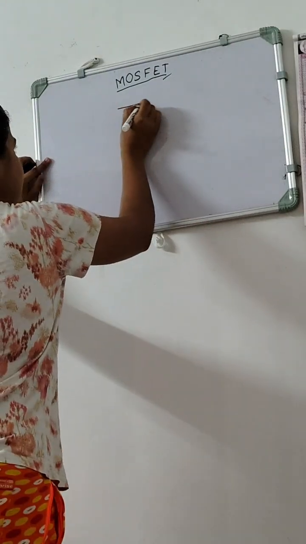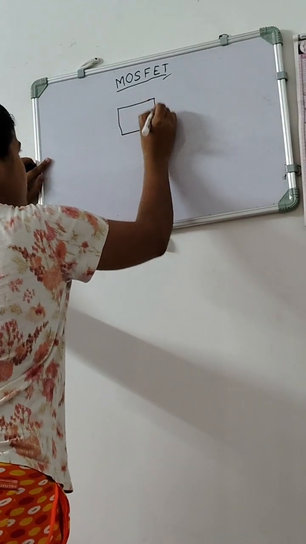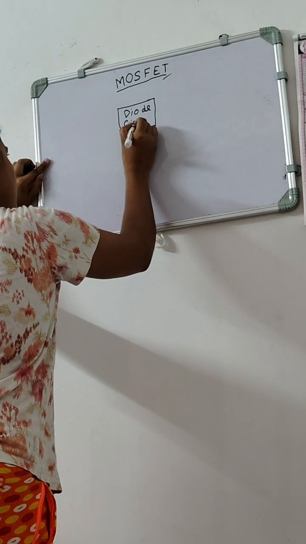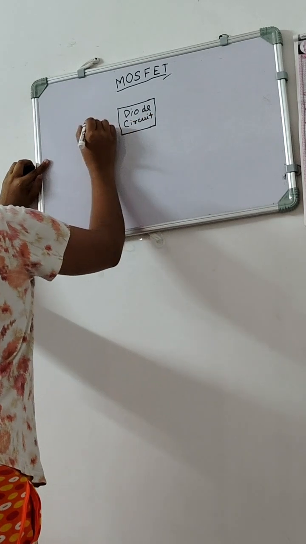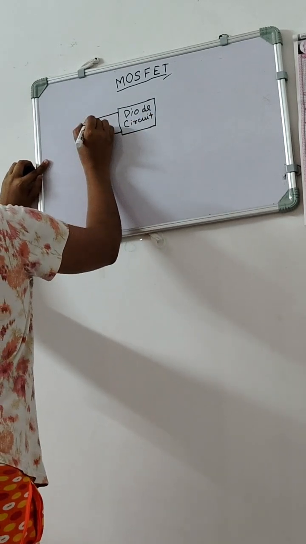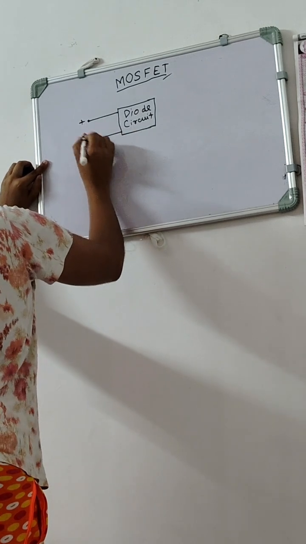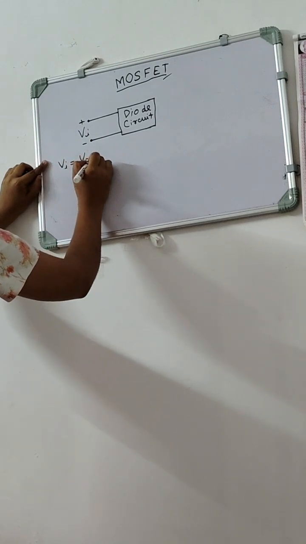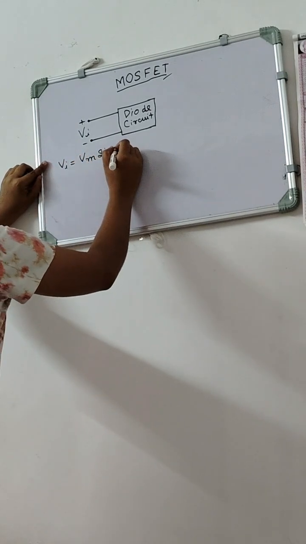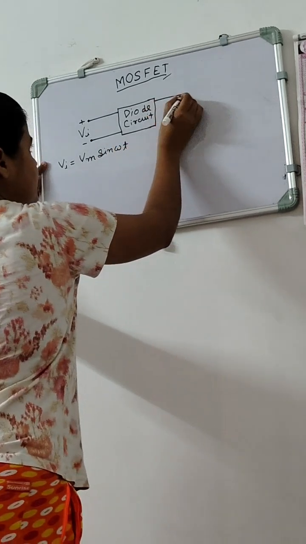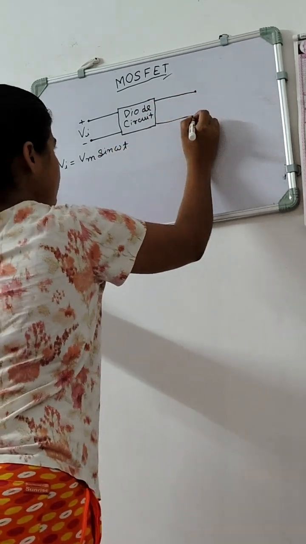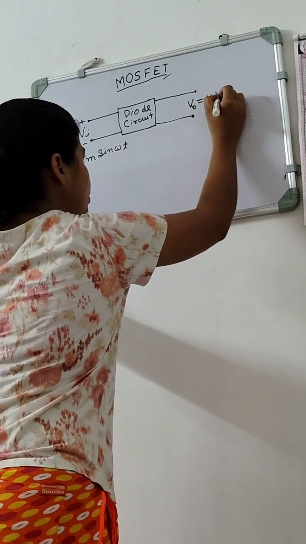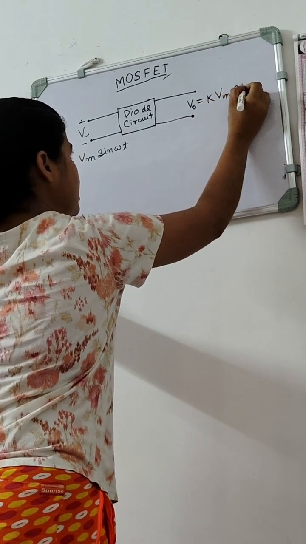So now we can say that if this is our diode circuit, and this is our input voltage, and let's say Vi equals Vm sin omega t, and this is our output voltage, V naught, and let's say V naught equals K into Vm into sin omega t.